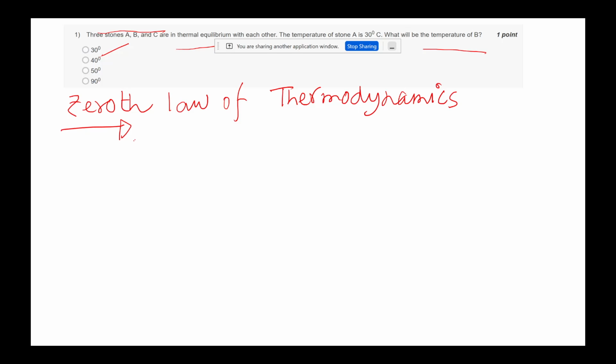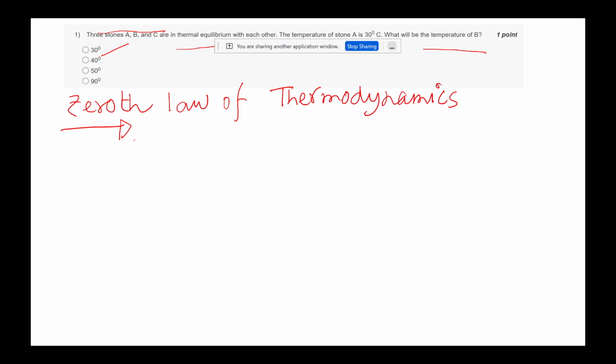But if you rigorously state a law, there is a property that assigns that feature, that a system is in thermal equilibrium with itself. Before stating the zeroth law of thermodynamics, we sometimes forget to mention that system A, system B, and system C are each in thermal equilibrium with themselves.